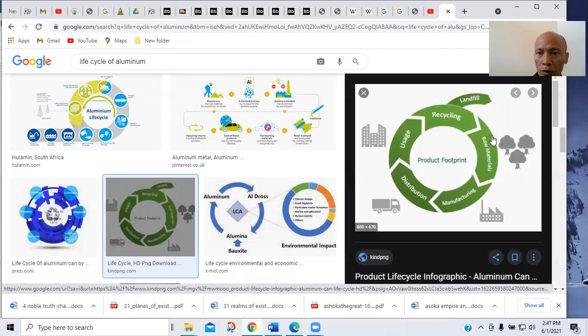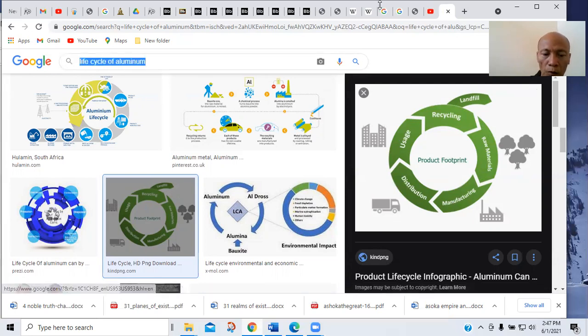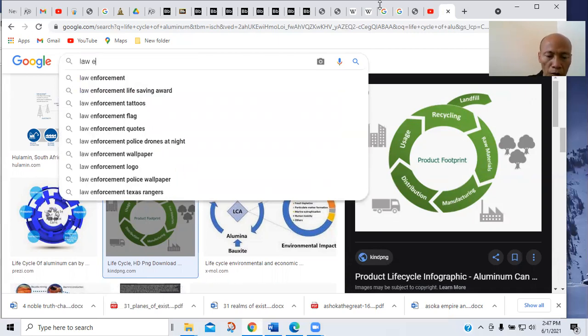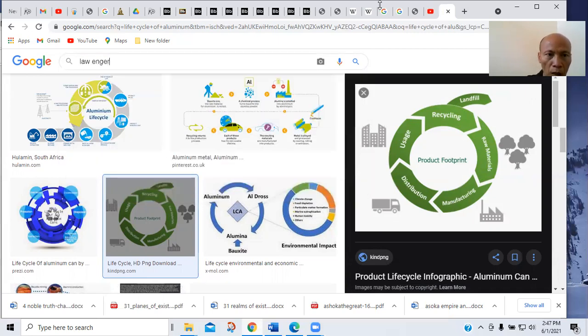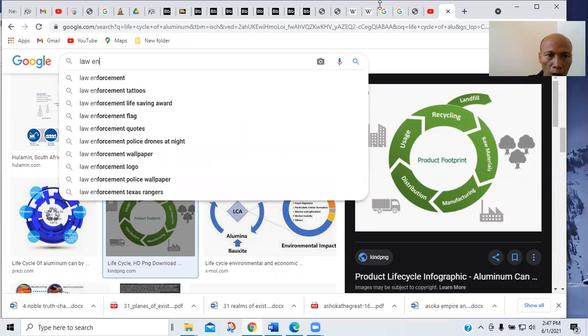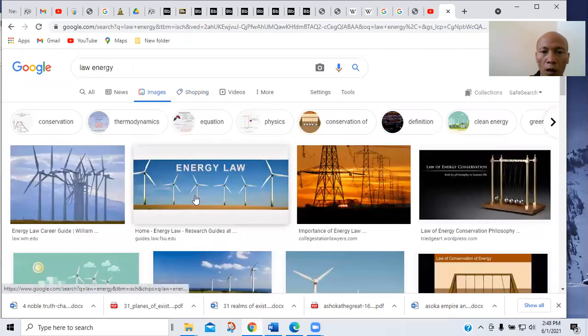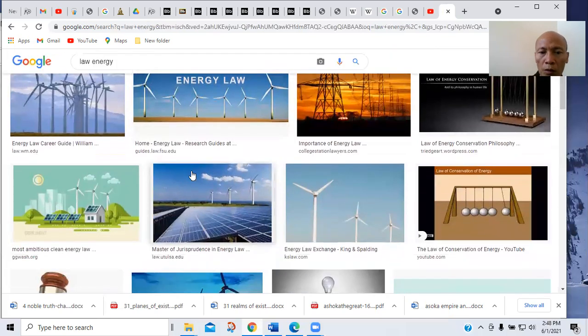So everything you see goes in the cycle, not in a vertical up and down, not in laws, because of what we call the law of energy, E equals mc squared. So Newton's law.